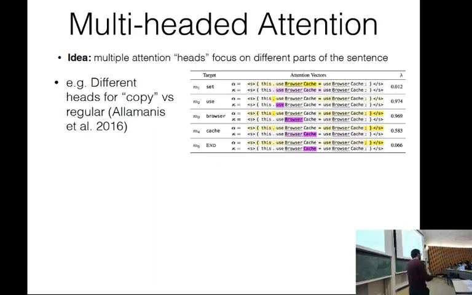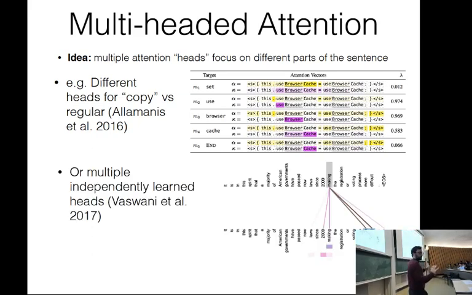So one example, coming back to our copying mechanism, is let's say we have two heads. One that learns to provide context to the decoder, and one that learns to attend over the word that we might want to copy, right?